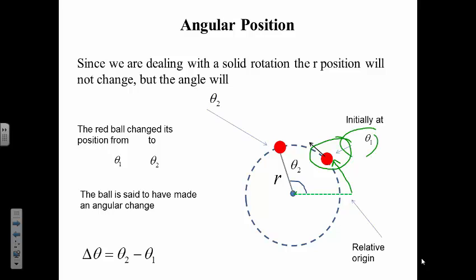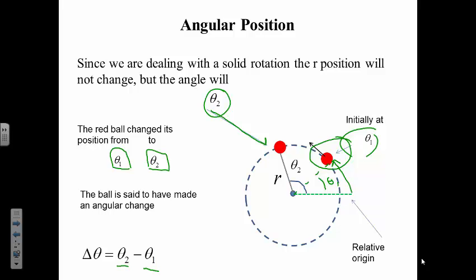This is theta 1 initially, and then a little bit later the ball has rotated to this new position, theta 2. So when you want to describe the ball's change in position, we say that the ball changed from theta 1 to theta 2. And then the delta theta, or the change in theta, becomes theta 2 minus theta 1.